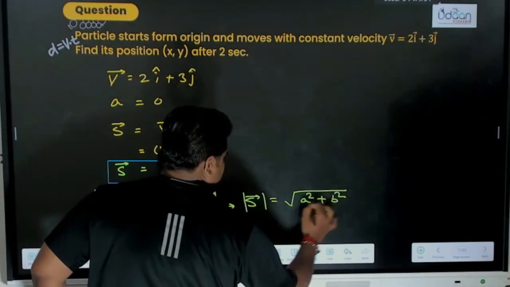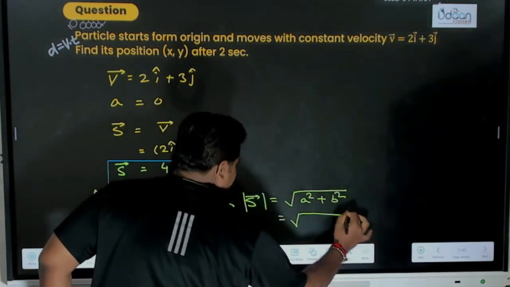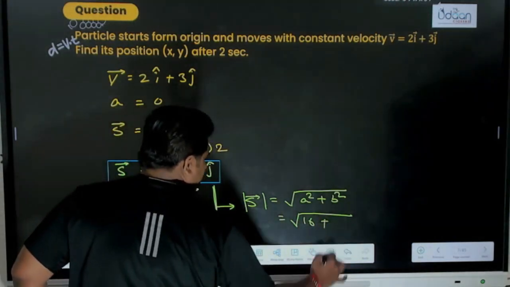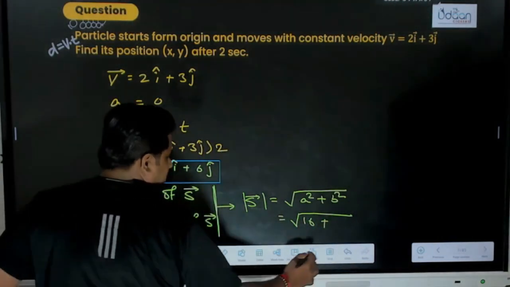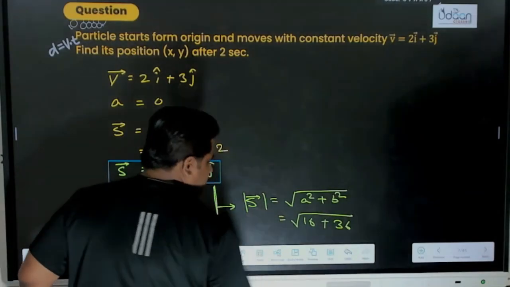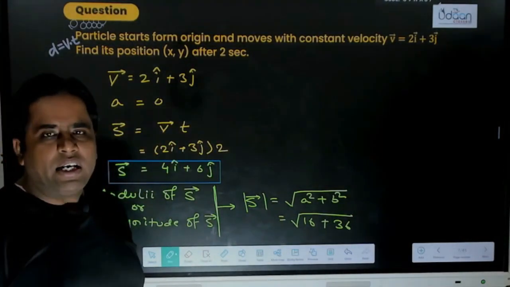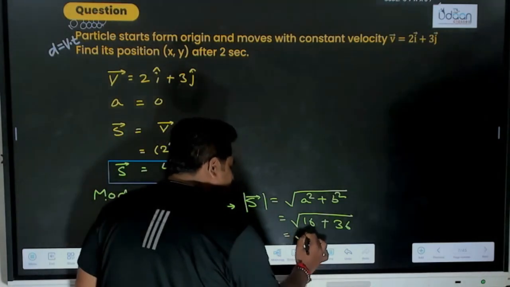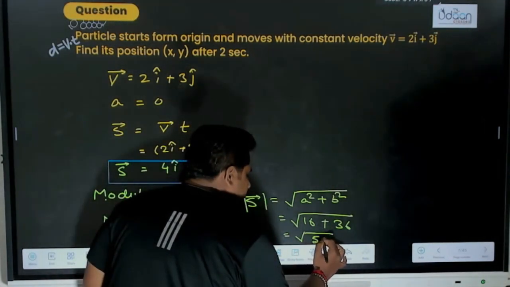So we get 4 square means 16, and 6 square means 36. So it will be root under 52, students.